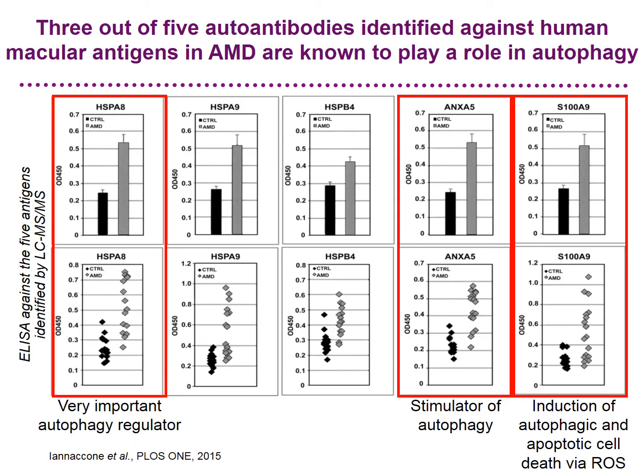Another study done by the Health ABC group, led by Alessandro Iannaccone, showed a role in autophagy activation by all 5 autoantigens as shown in the graph, raising the possibility that the detected autoantibodies by ELISA may play a role in AMD via autophagy compromise.